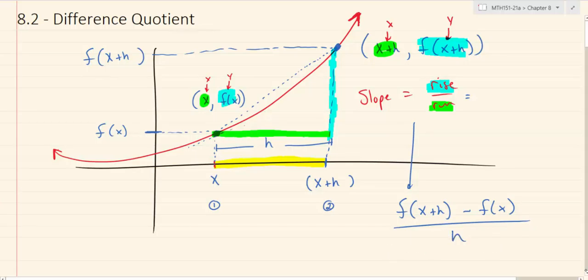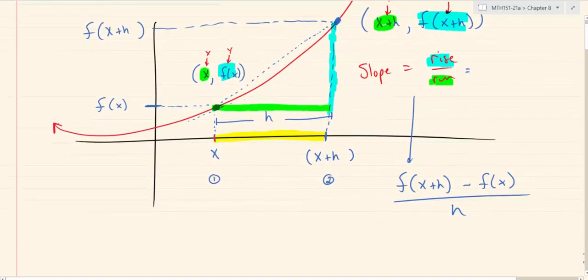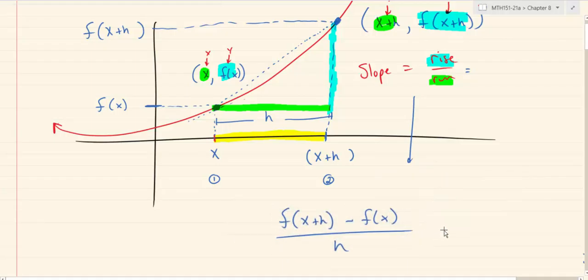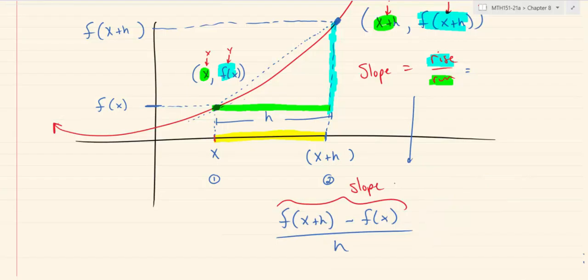So here's the big idea. And this is huge. This idea changed the world. So this is your definition of slope. What if we took h, this green distance, or the yellow distance in between them, and what if we cut h in half and made it the slope between these 2 points? Would that be a better approximation?